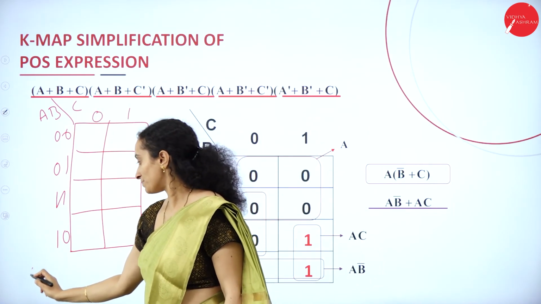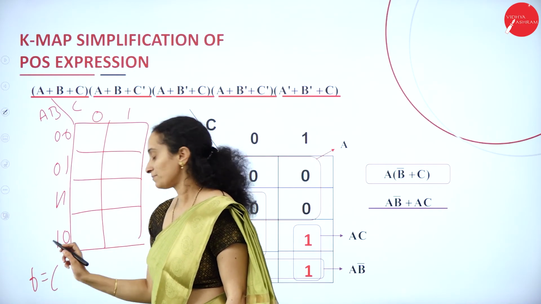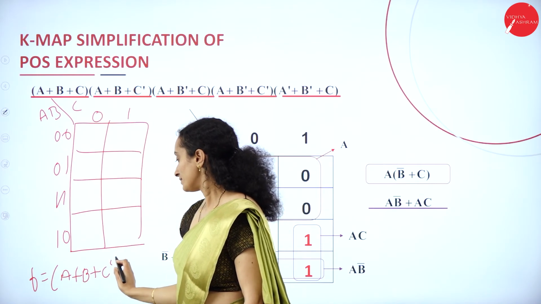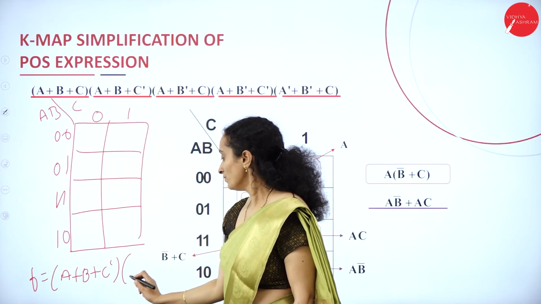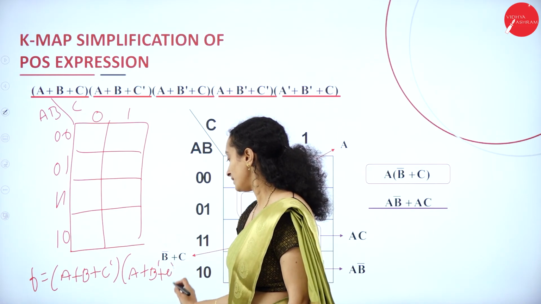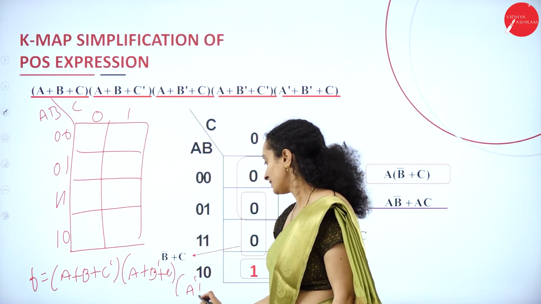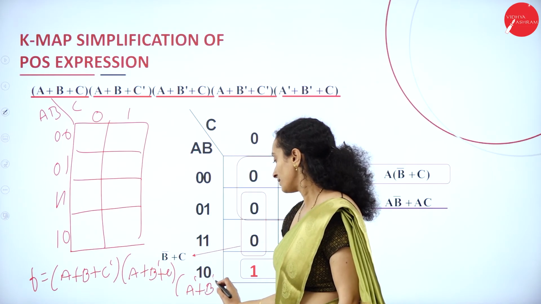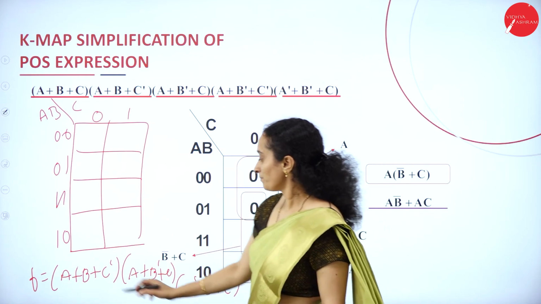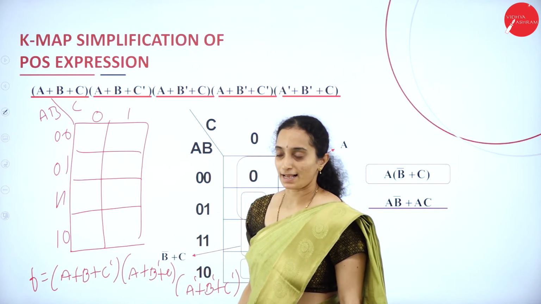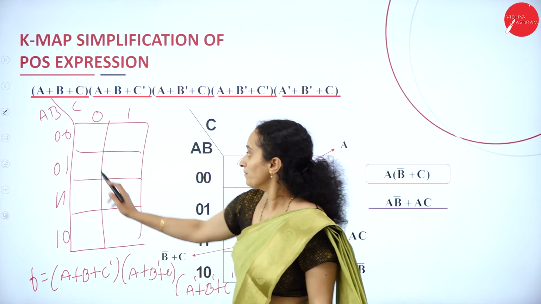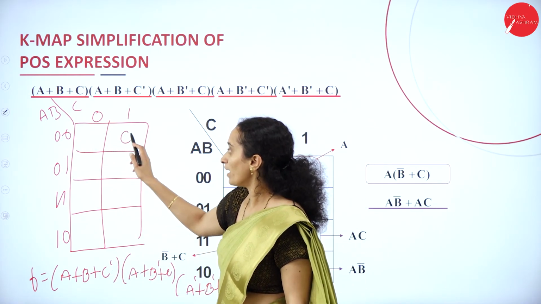You can take the expression F equals A plus B plus C dash into A plus B dash plus C into A dash plus B dash plus C dash. So you can take the expression A plus B plus C dash. It is 0, 0, 1.